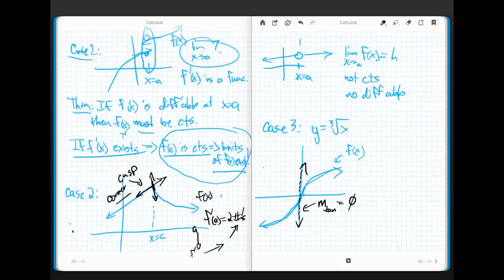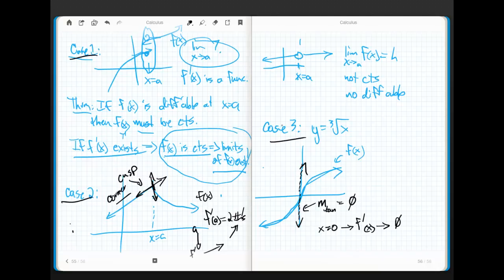In other words, when I stick x equals 0 into f primed of x, I get a value that doesn't exist. All right? So these are really the three cases where you get points of non-differentiability. If a function doesn't have any cusps, if it's continuous, if it doesn't have any vertical asymptotes, we're golden. You can take derivatives everywhere.